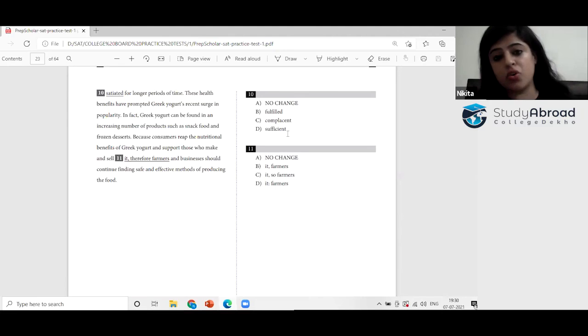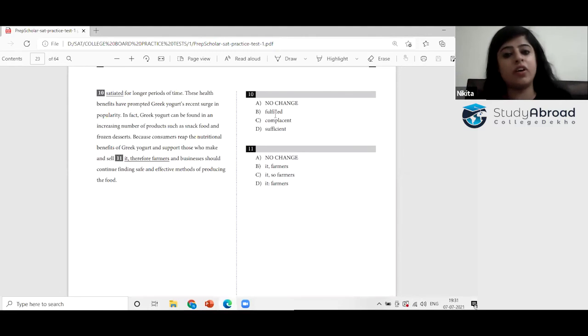For this we need to know the exact meaning of the words. Satiated is used in relation to satisfaction, the fulfillment, and it is generally related to food that we are talking about over here. Fulfilled in comparison is more of a general term. You can fulfill your dreams, that means it is also the feeling of satisfaction.